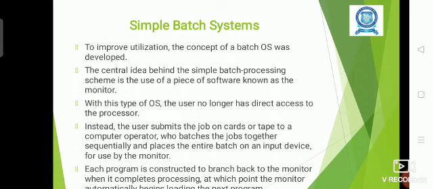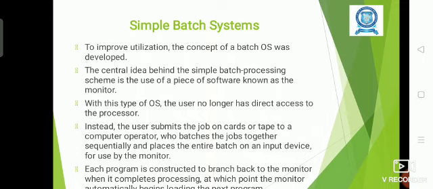So in batch systems also, the user cannot directly access the processor. They submit their work in the form of jobs, and only the computer operator can load the jobs into the system with the help of a particular input device.